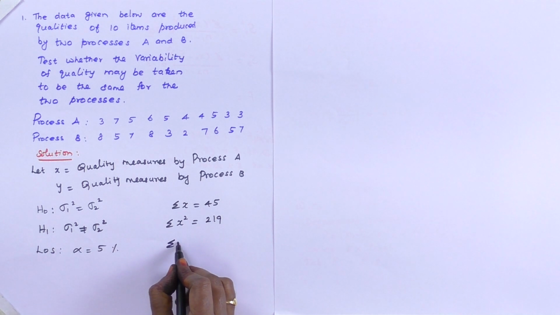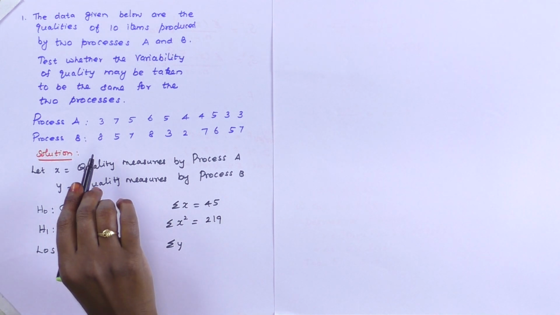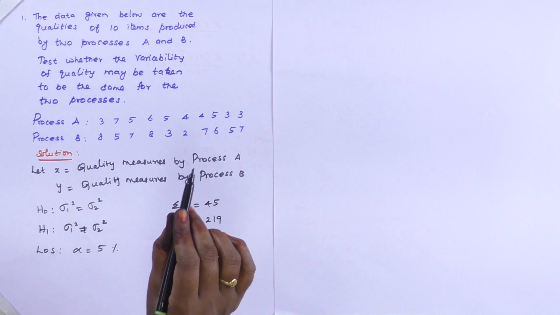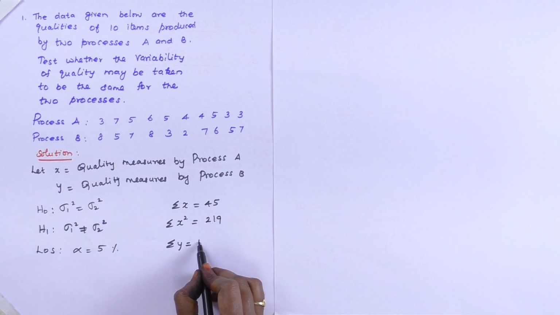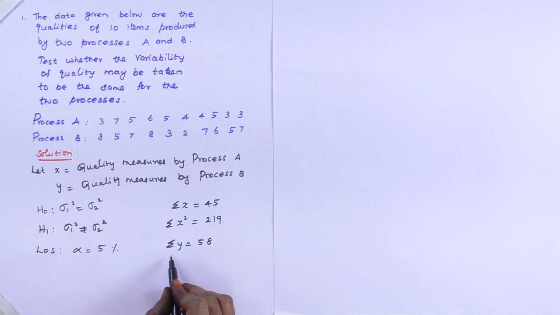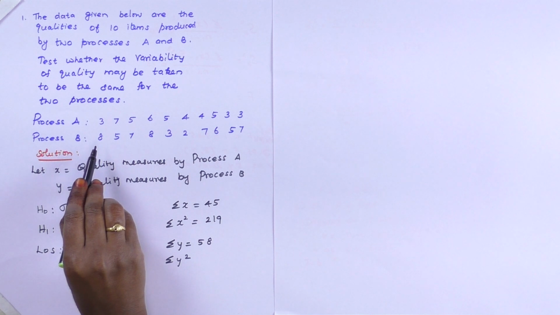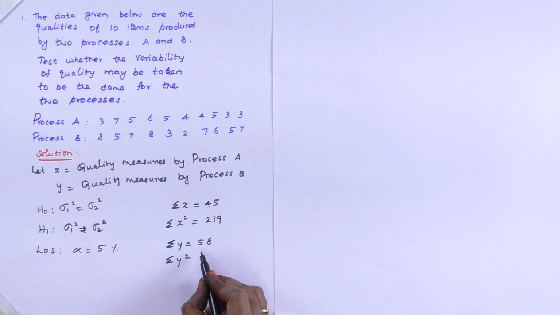Next, sum of y, taking the sum of all the quality measures by process B, is 58, and sum of y square, squaring each term and then adding, we get 374.